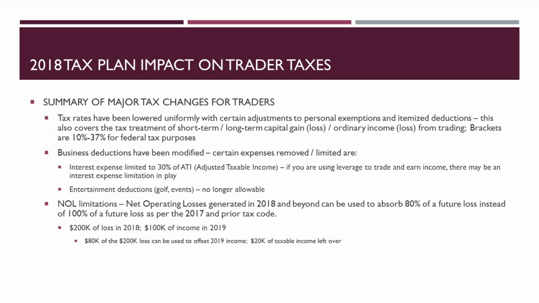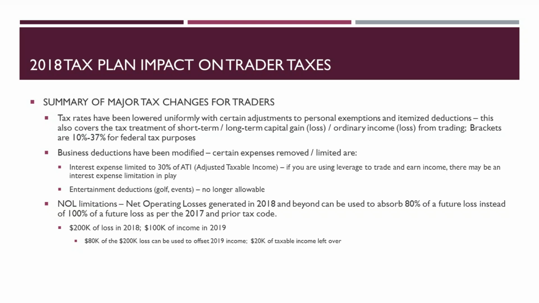Generally speaking, tax rates across the board have been lowered and tax brackets have been expanded. The previous federal tax rates ranged from 10% at the low end to 39.6% at the high end.